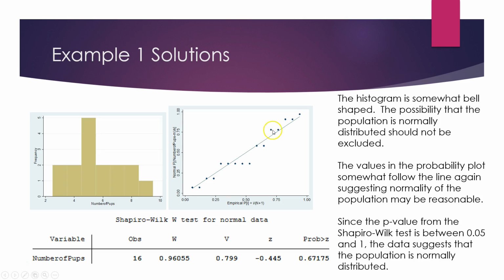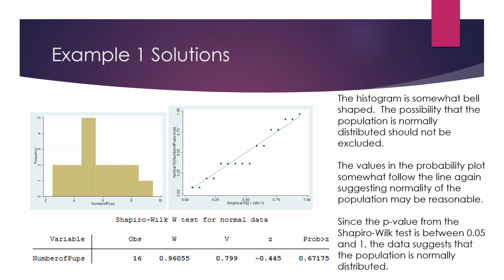The data isn't falling right on the line, but it's still not really that bad. Again, since our sample size is small, it's going to be easier to say that the population is normally distributed, unless it's really wild. So again, I kind of think this suggests that the population may or may not be normally distributed, and just from experience, I would expect that it would be normally distributed.